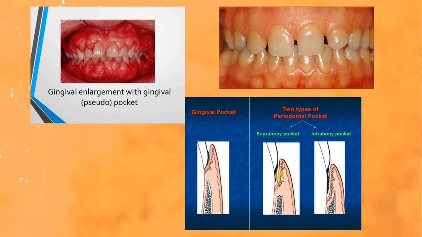So in this case, we can do gingivectomy if we have gingival overgrowth and we need to access the root surface or the tooth surface. But in case the periodontal pocket is below the defected bone, as we see here, this is the base of the pocket, and we have a bone loss.